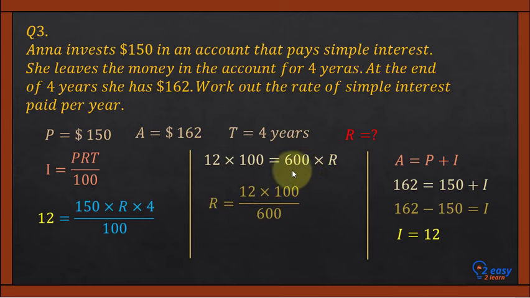Shift this 600 to the left side, it will be dividing on the left side. So R is equal to 12 times 100 divided by 600. Simplify this expression, you will get 2%.